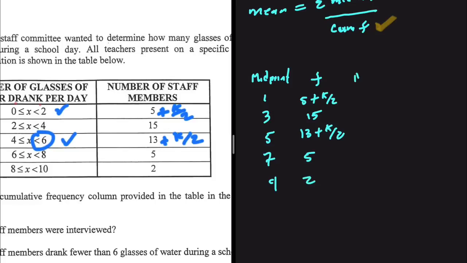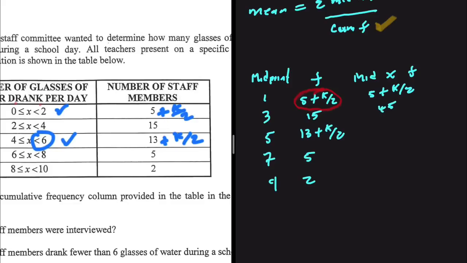And then now we're supposed to have the midpoint multiplied by the frequency. So what is 1 multiplied by 5 plus k divided by 2? That will just give us 5 plus k divided by 2. Okay, 3 multiplied by 15, that's 45. And then what is 13 multiplied by 5?